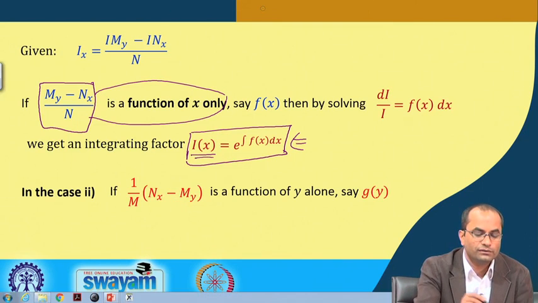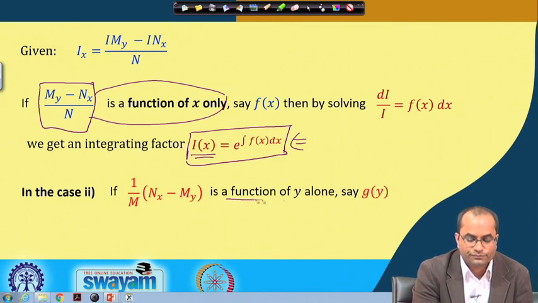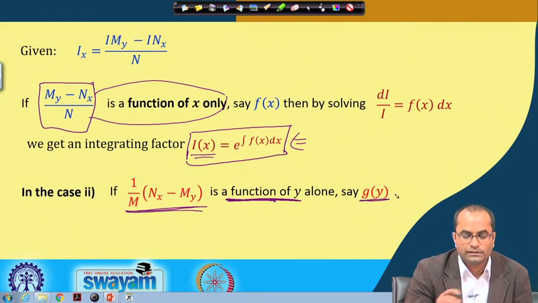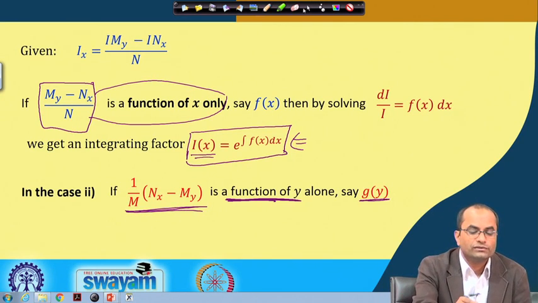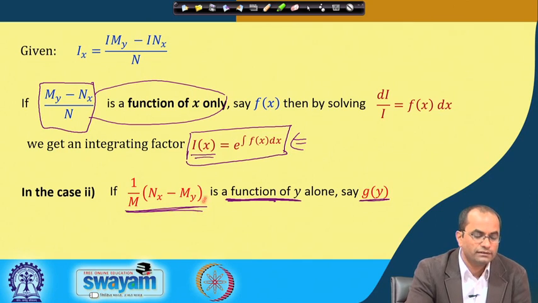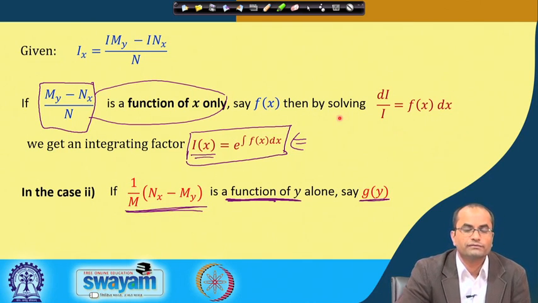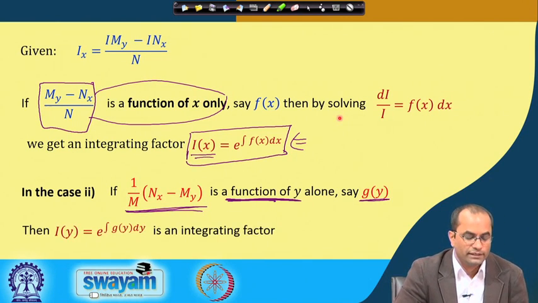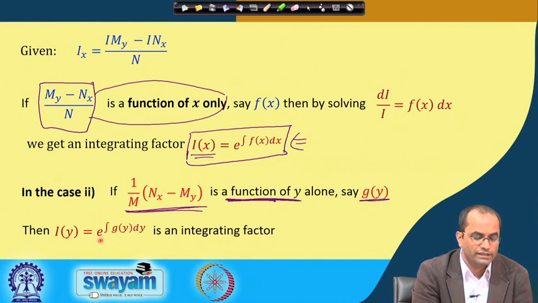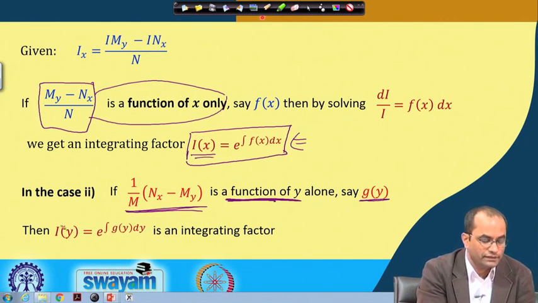If it is a function of y alone, and we say this is g(y), then we can solve this ordinary differential equation again and get I(y) equal to e to the power integral g(y) dy as the integrating factor.